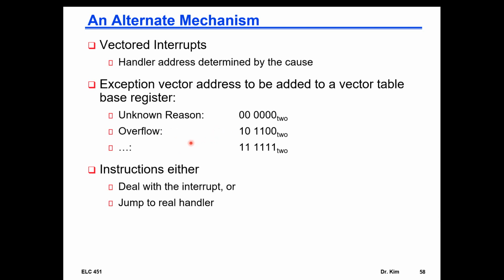So the instruction can deal with the interrupt or jump to another handler. From here, you can have some small code that handles the exception, or you can jump to a larger software handler for the exception or interrupt.